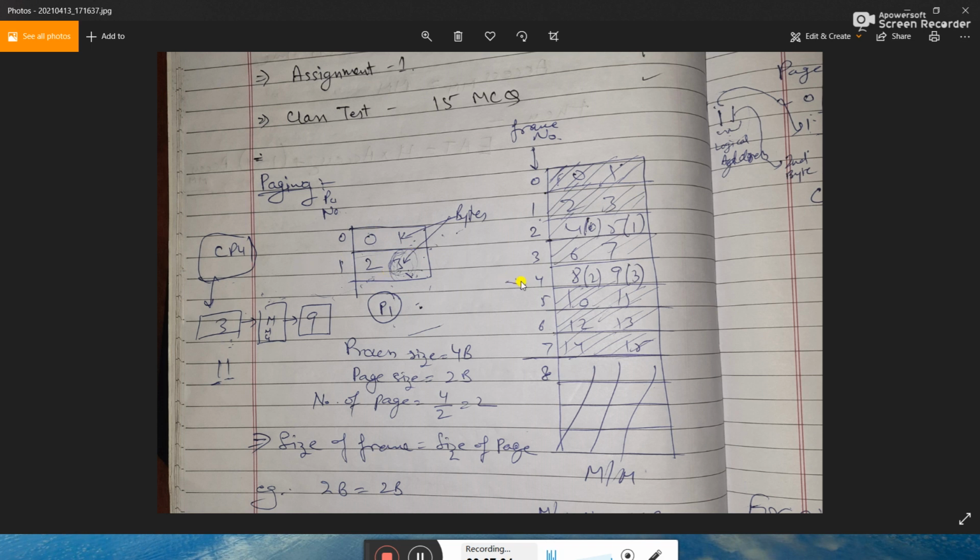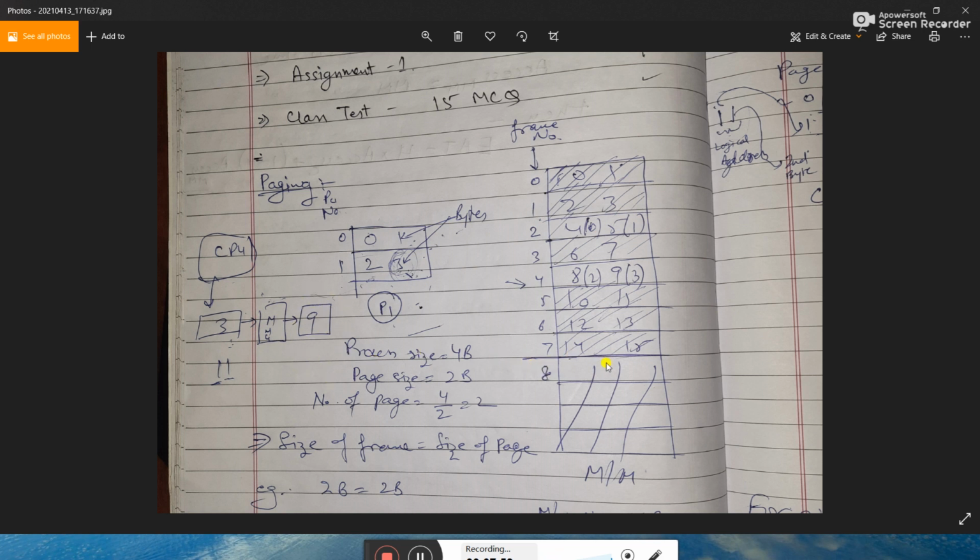Next there is the main memory, again divided into frame numbers. This process can be stored anywhere in this memory, and the CPU is generating a logical address. The memory management unit is providing us a physical address. This is my physical address.